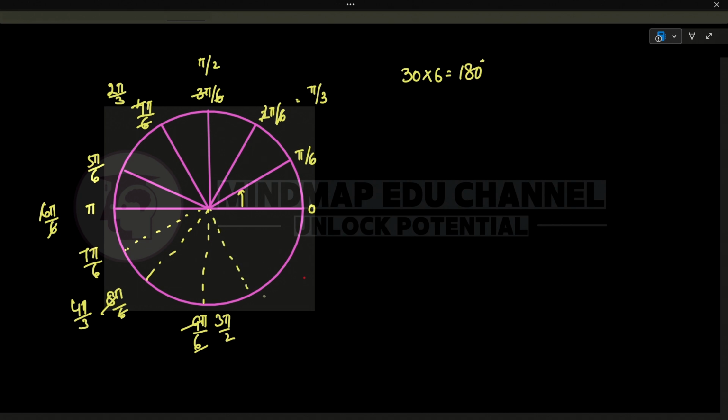So after 9 pi over 6 is 10 pi over 6, and we will get 5 pi over 3. And here it is 11 pi over 6, and here 12 pi over 6, and we will get here 2 pi. So these are the next important points according to 30 degrees, that is according to pi by 6.